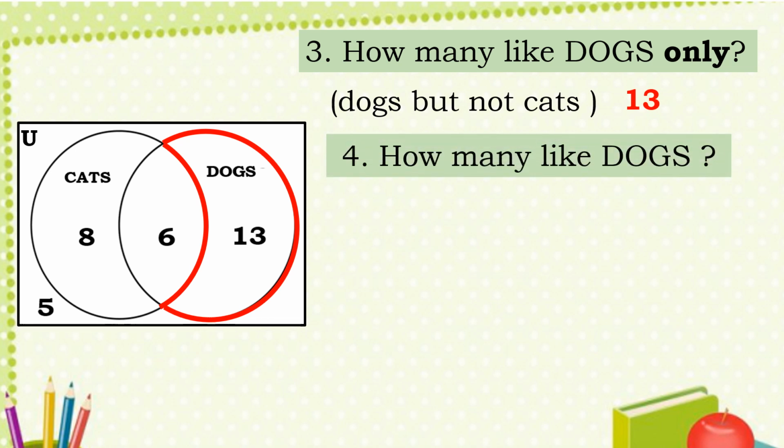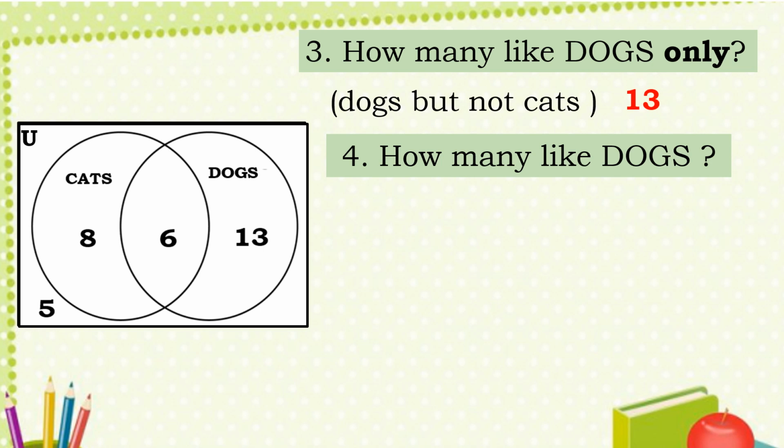Number 4, how many like dogs? When we say persons who like dogs, we are referring to this particular part. So those who like dogs are 6 and 13. Add them together, so the answer is 19.